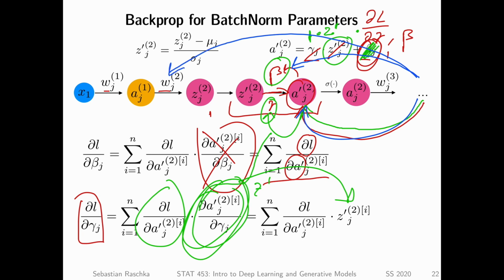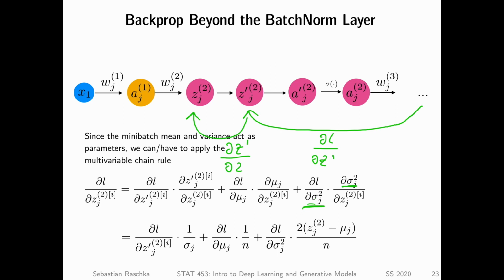So we have to go back further. In order to do that, we have to compute the loss with respect to z here. And this also involves mu and sigma, because this is scaling our activations. And this is actually not as complicated as you might think.